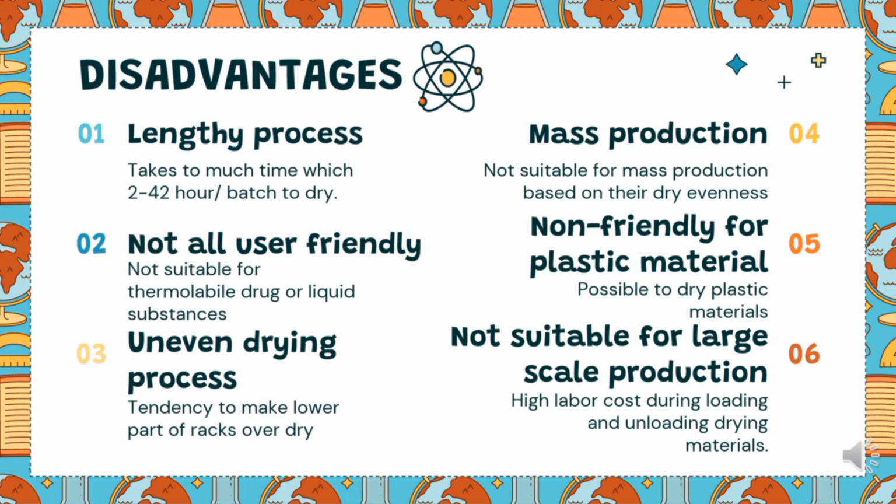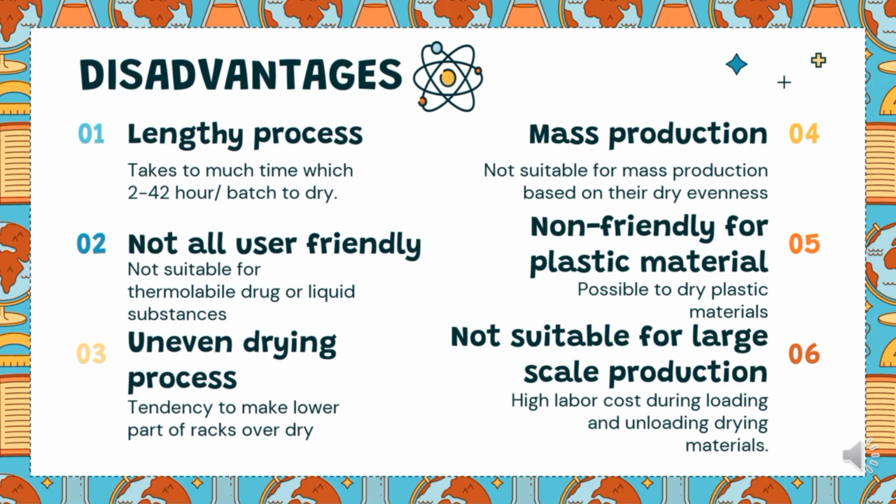Some of the disadvantages of tray dryer are, first, a lengthy process. It takes too much time to settle per batch. Second, it is not user friendly because it is not suitable for thermolabile drugs and also liquid substances. Third, it is an uneven drying process which has a tendency to make the lower part of the rack over dry.